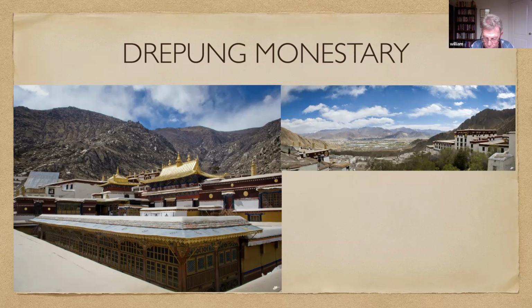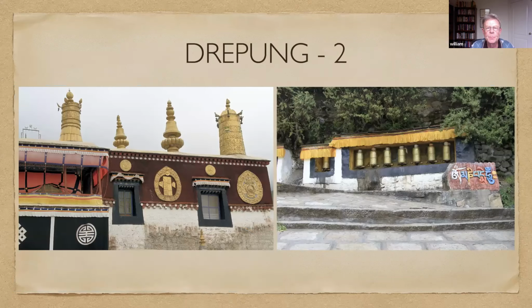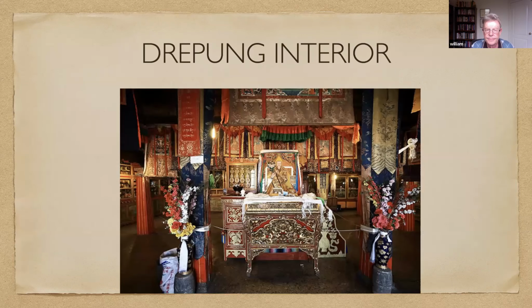And like we said, this is where Tenzin Gyatso was educated. Notice on the right, always prayer wheels. This picture here would no doubt be of one of the Dalai Lamas.